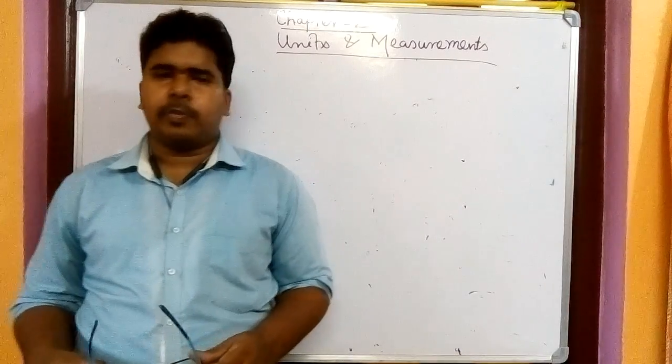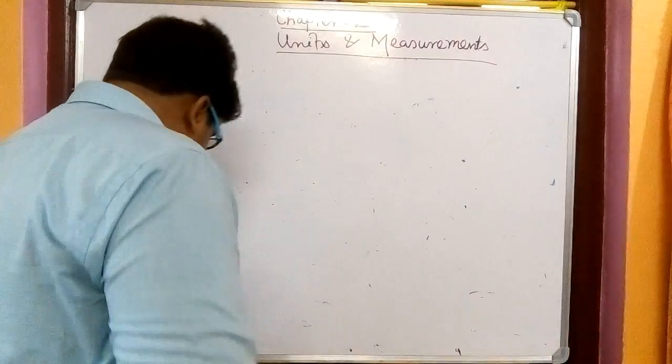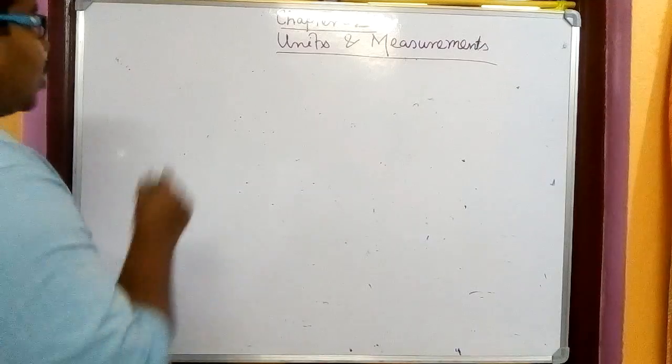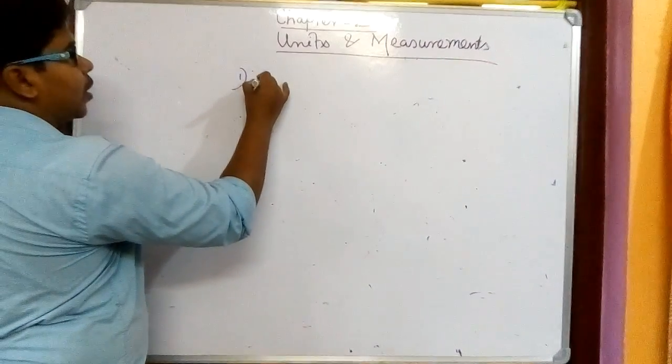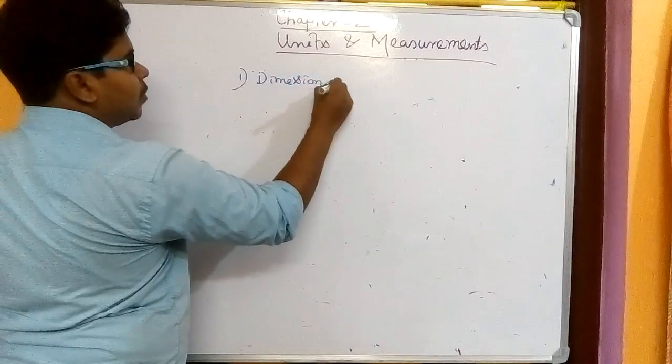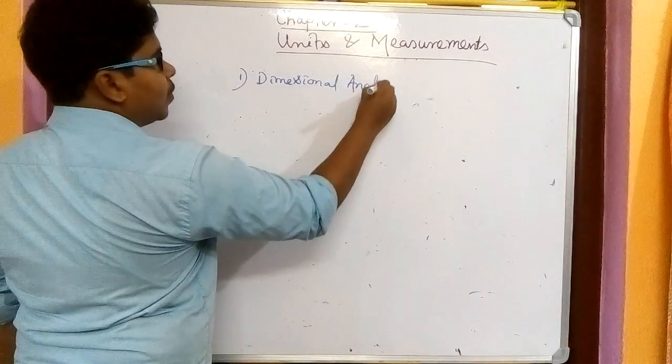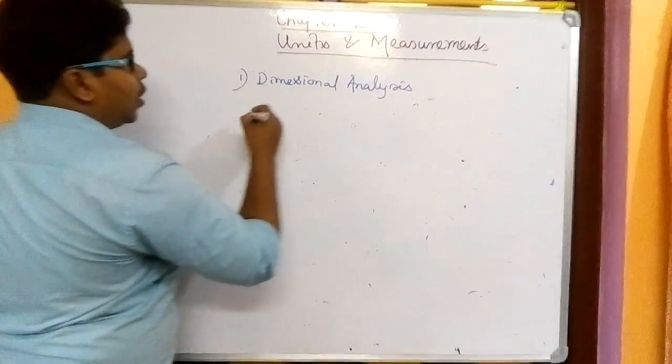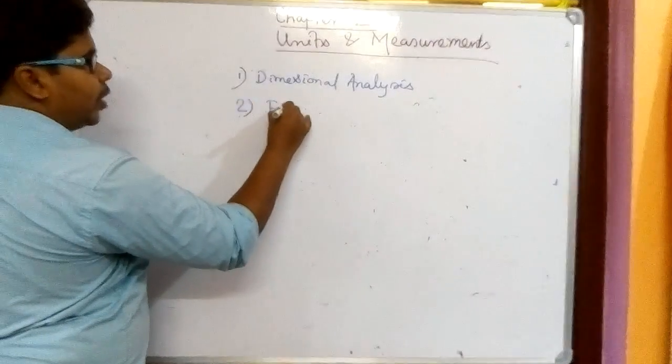In units and measurements, we will discuss three things. Number one, dimensional analysis. Number two, error calculation.